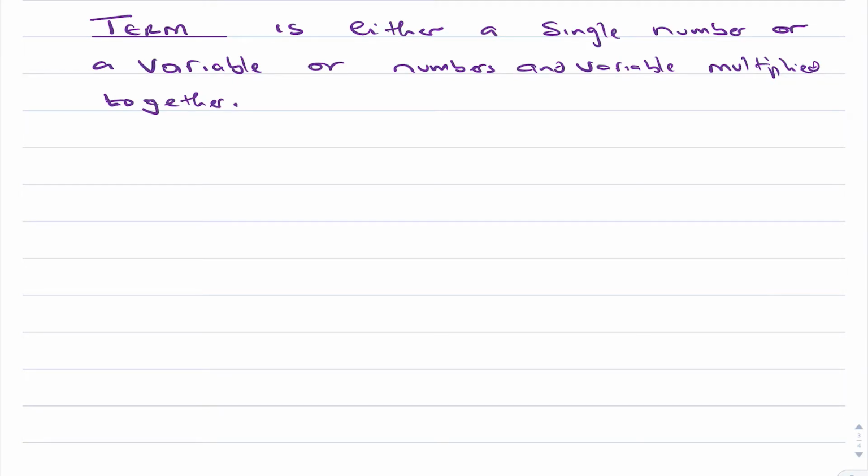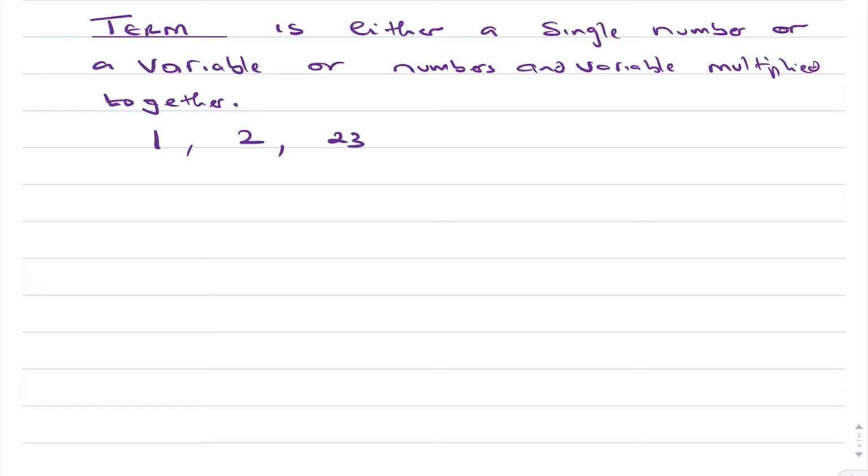So that's what a term is. You could have one term. Literally 1 is a one term. Or 2 is a one term. Any number would be a one term.